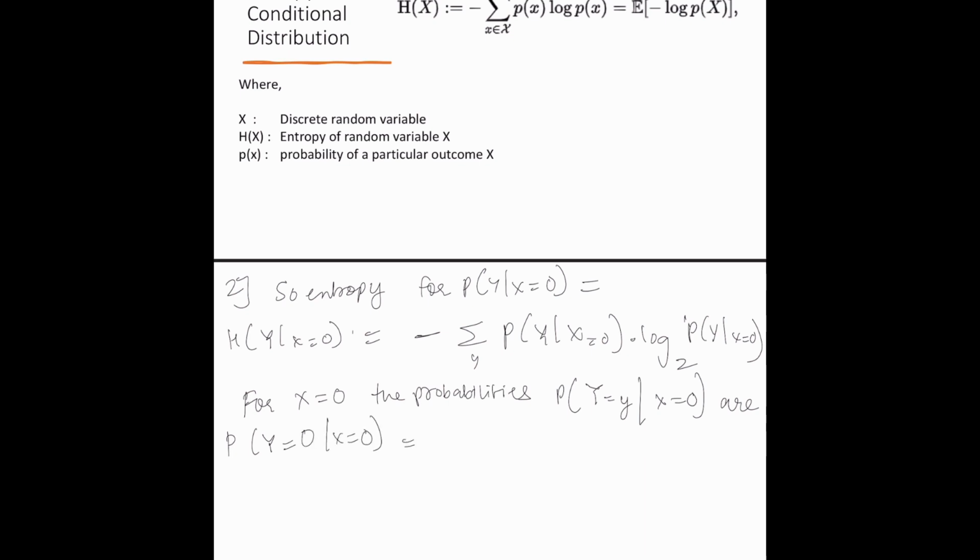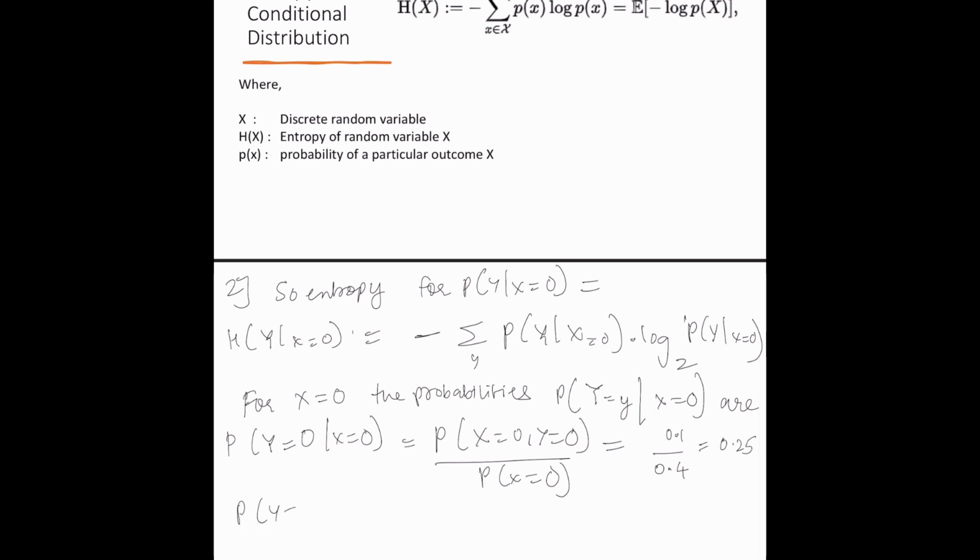That is equal to p of x is equal to 0 comma y is equal to 0 divided by p of x is equal to 0. Substituting from the table, the probability when x is 0 and y is 0 is 0.1, and the probability of x is equal to 0 is 0.4 as we had calculated in the previous question. So this will be 0.25.